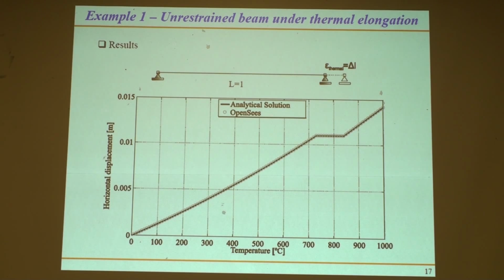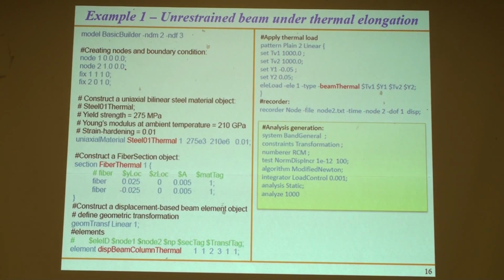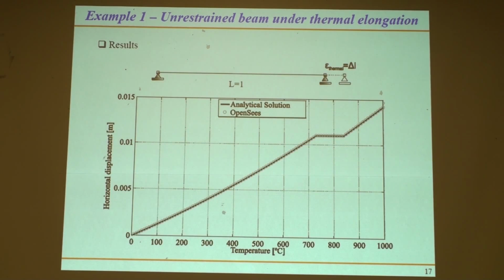You should get just the very simple analytical solution as you increase the temperature, and you see that OpenSees is capturing exactly the same response. So very, very simple, but if you want to try yourself, it's very simple code. Get your hands on developing this, and then you can actually match it to analytical solutions.